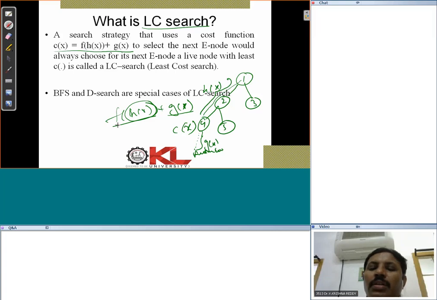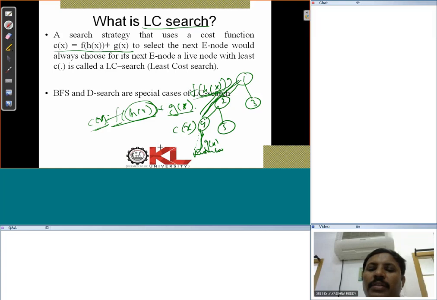f is an increasing function applied on h of x. We calculate the cost function every time to find which one is best and which gets us to the answer node very quickly. For that purpose we use this. c of x is f of h of x plus g of x. h of x is the cost already incurred from the root node to the particular node x, and g of x is the estimated cost from this node to the answer node.